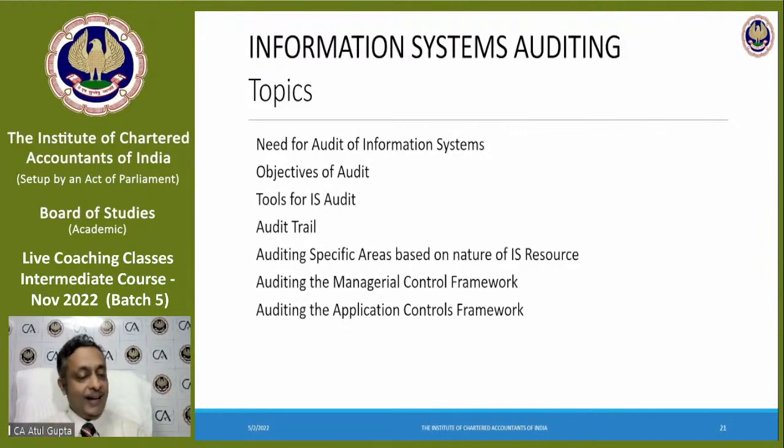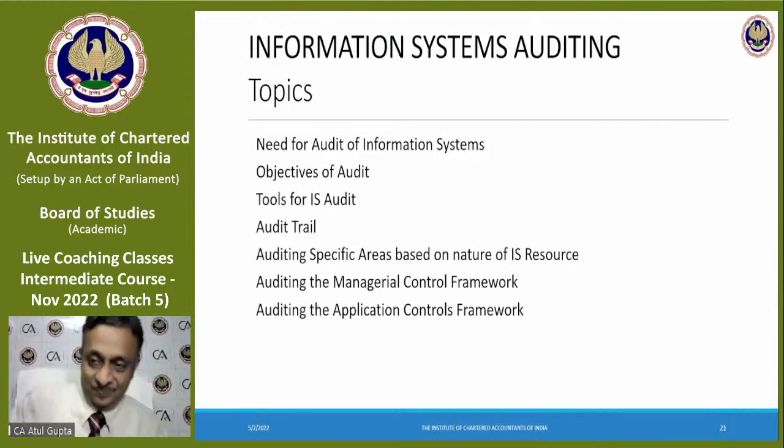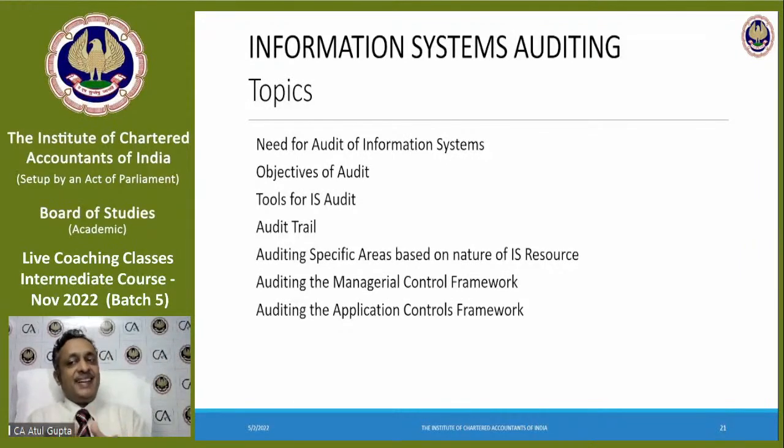Now let us go ahead with today's session. Why do we need audit of an information system? I somehow felt that we need more input for this chapter. The technicalities and the intensity are very, very high. Of all the 5 chapters, I personally feel each chapter creates an opportunity for you to provide professional services once you become chartered accountants.